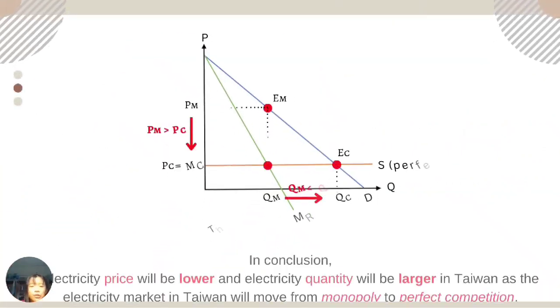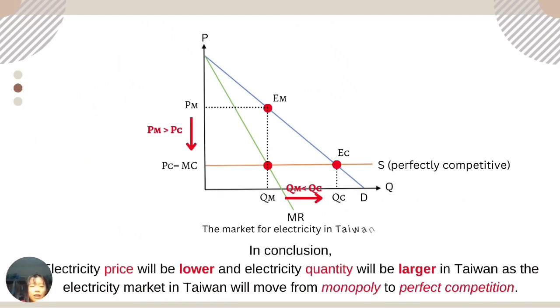So, in conclusion, electricity price will be lower and electricity quantity will be larger in Taiwan as the electricity market in Taiwan will move from monopoly to perfect competition.